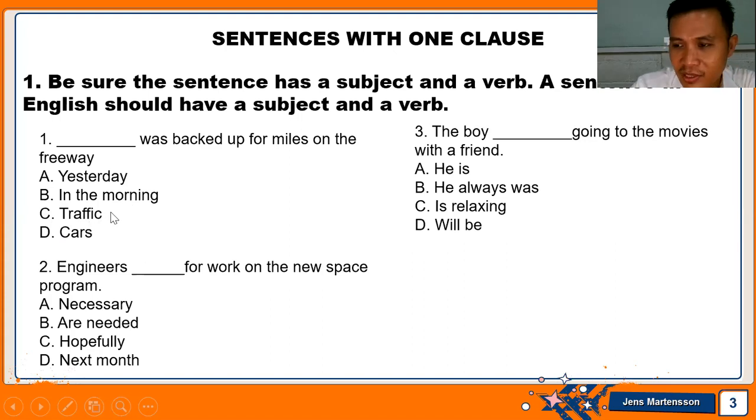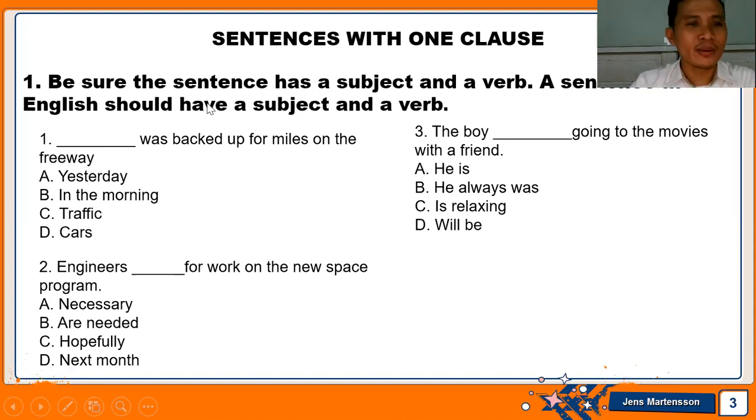C, traffic. Echa says C. Other students? Aidil, what's your answer? C, sir. Aidil says C. Okay, any other options?